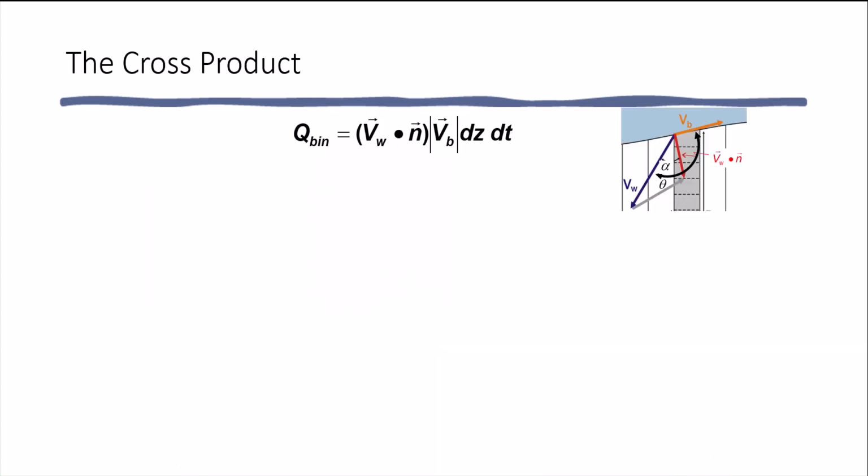Now, taking the equation we just derived, we will continue to develop it into a form that is easier to apply to the ADCP data. The dot product term can be redefined as the magnitude of the water velocity times the cosine of alpha, where alpha is the angle between the water vector and the unit normal vector to the boat velocity.